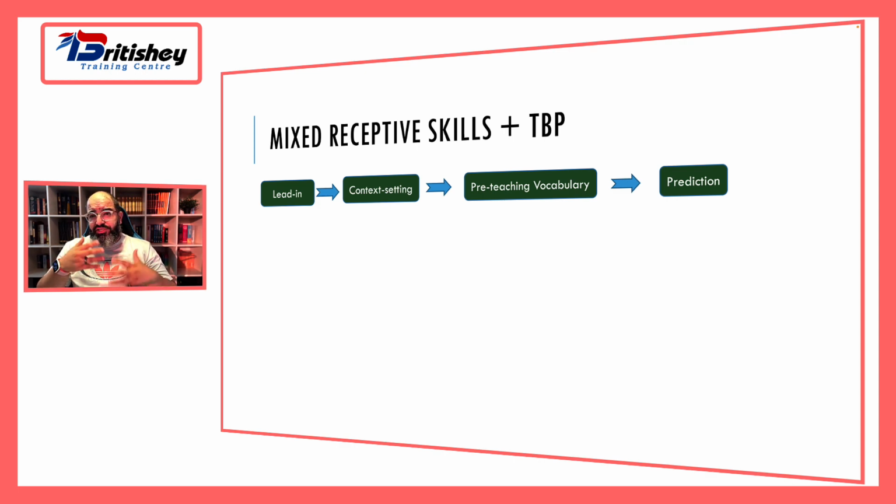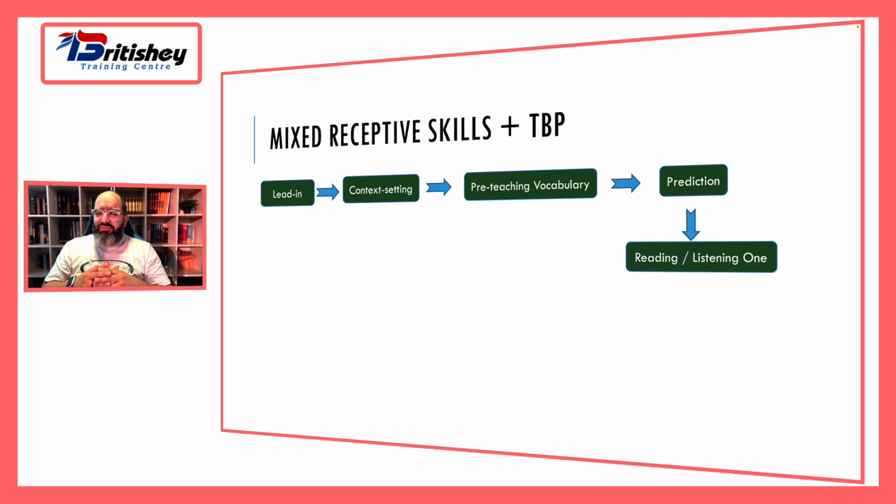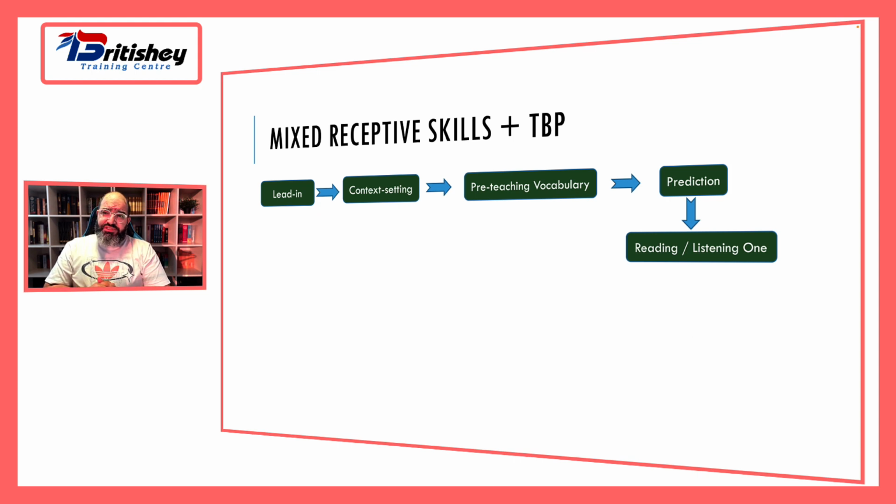And what follows a prediction stage is usually reading or listening for checking the prediction part. Now, then we move to the first reading or the first listening. And most of the time, this is a kind of a scanning task or a skimming task. I'm not saying all the time, but most of the time it is like that.